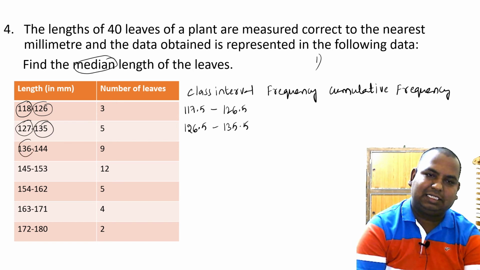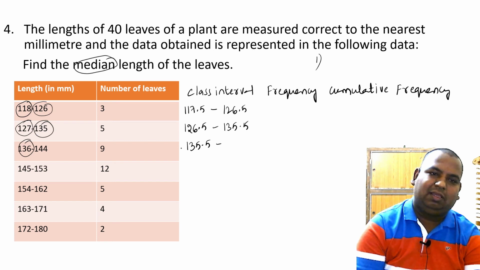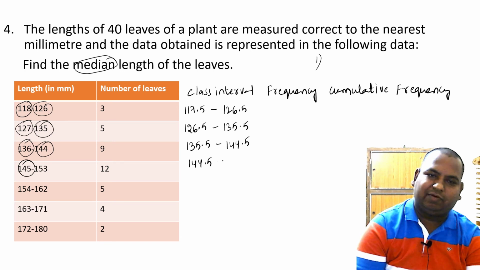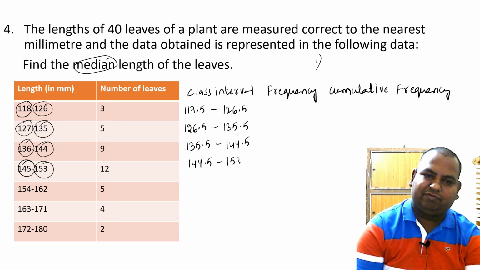Next, 136 minus 0.5 is 135.5. 144 plus 0.5 is 144.5. 145 minus 0.5 is 144.5. 153 plus 0.5 is 153.5. 154 minus 0.5 is 153.5. 162 plus 0.5 is 162.5.